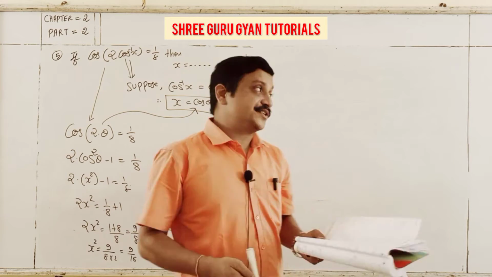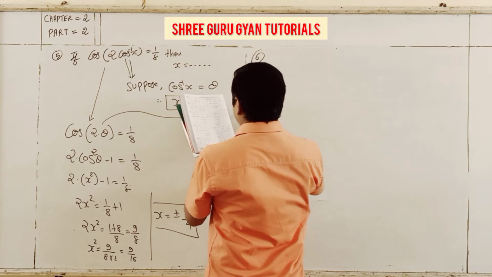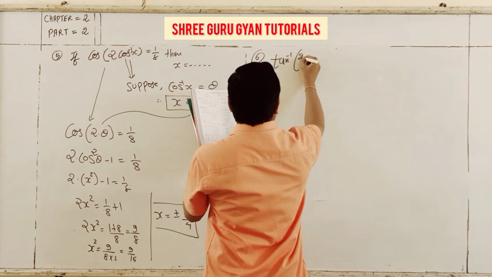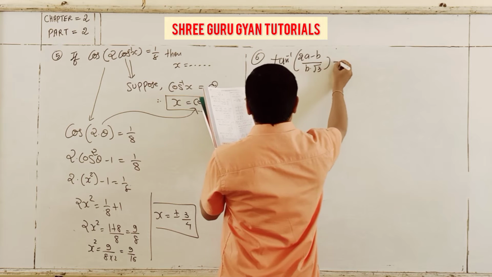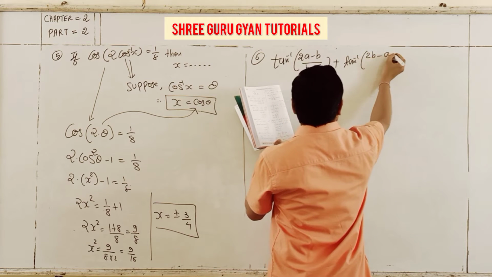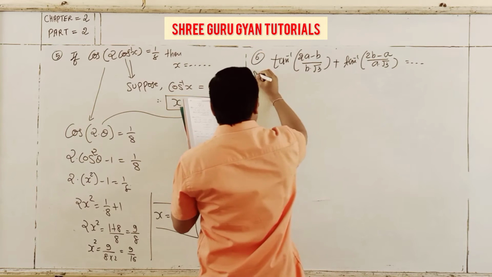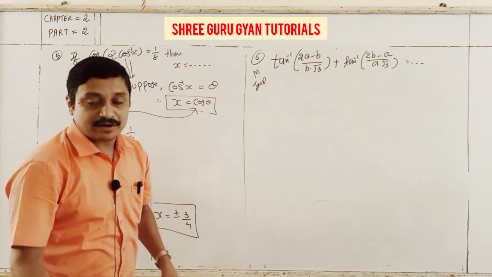Continue with question number 6. Six I am also taking at the same level. Tan inverse of (2a minus b) by (b root 3) plus tan inverse of (2b minus a) by (a root 3) is equal to what? This is an important question, students. Many times this type of question is asked in your exam.